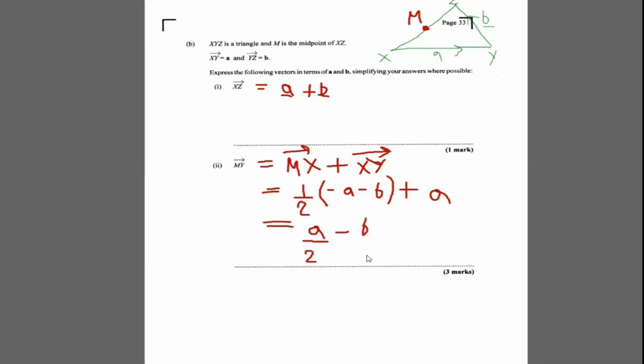If you want, you can factor out the half and write it as a half (A minus B). And that's M to Y. Nice and easy.